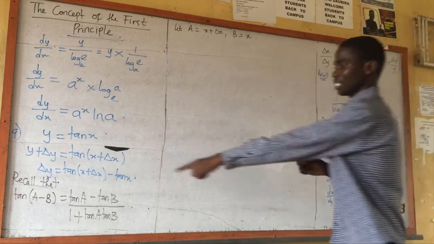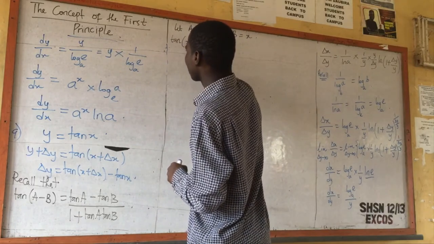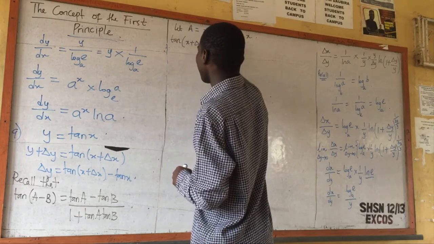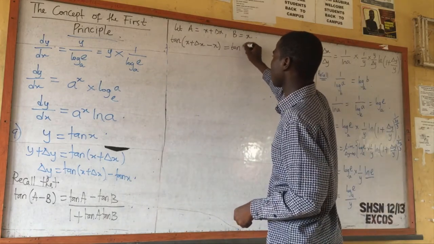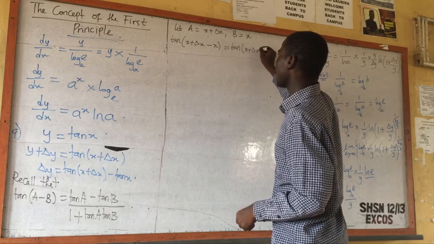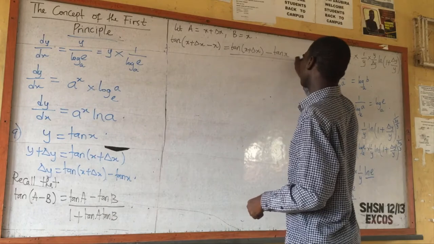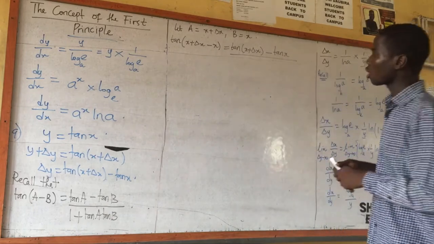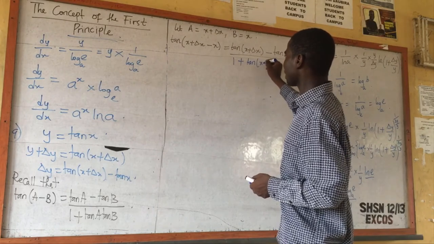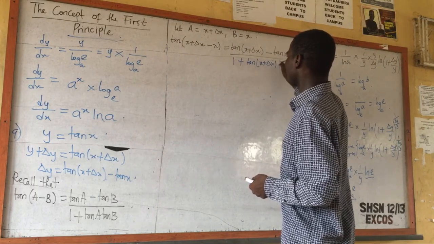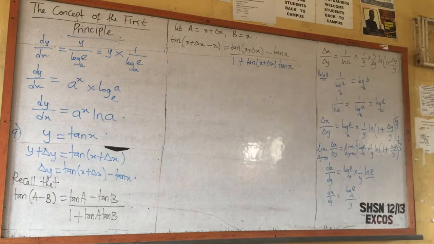This one will become tan of s plus delta s minus s. It will be equal to what? Tan A minus tan B, which is tan of s plus delta s minus tan s, all over 1 plus tan A, that's s plus delta s, times tan B, that's tan s.